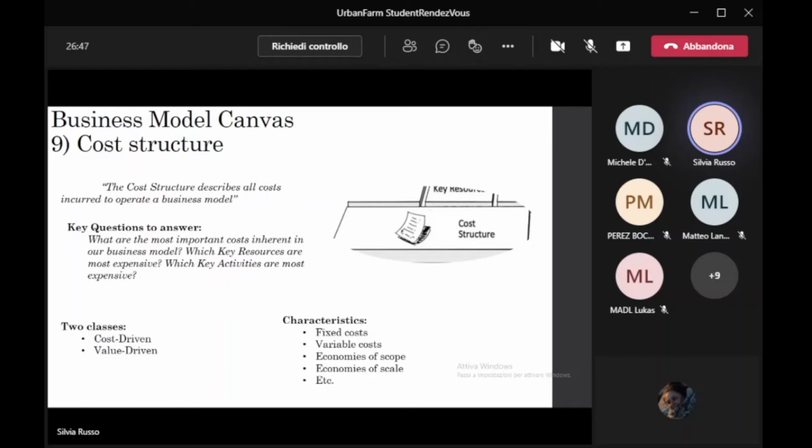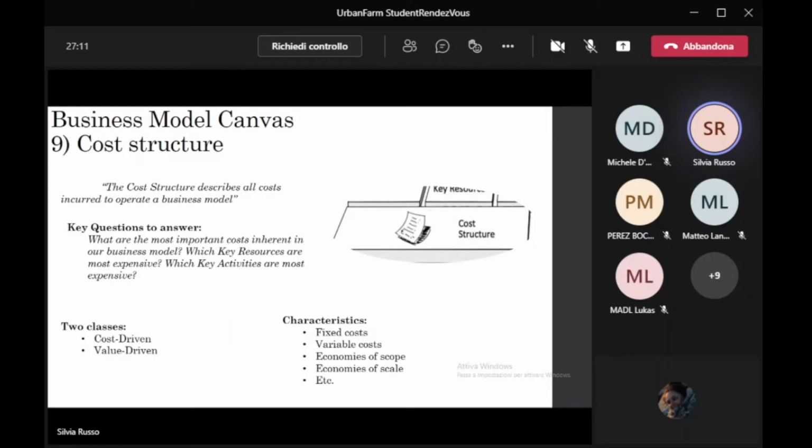In particular, according to the authors, it can be useful to distinguish between 2 broad classes of business model cost structures: cost-driven and value-driven. They also specified that many business models fall in between these 2 extremes.